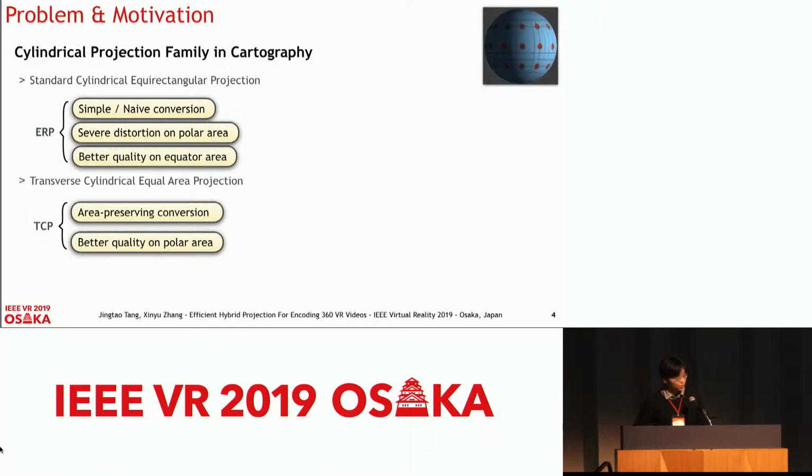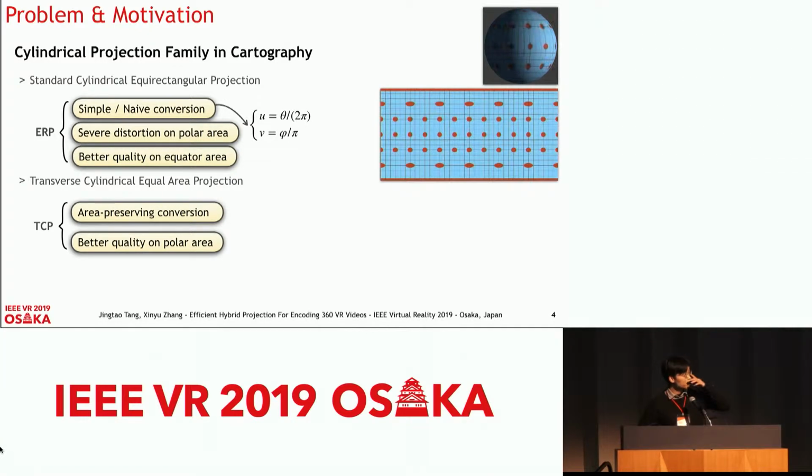Here, our paper focuses on the cylinder projection family and tries to solve the distortion existing in equirectangular projection, also known as ERP. It has a simple conversion formula, but severe distortions in the polar area. As we can see from the right figure, the original red dots on the sphere surface are expanded into two lengthy bars.